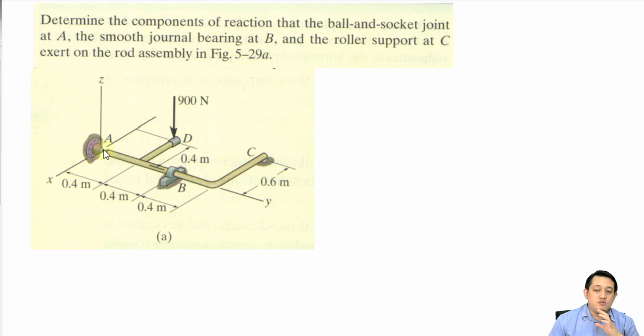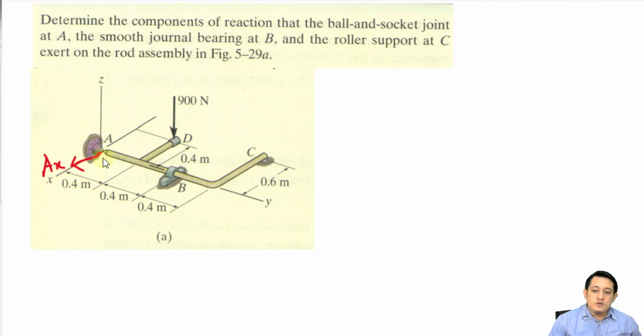Cannot, because it is fixed in this position only. Therefore, we will have this one reaction which is AX. Make sure you label your reaction based on the point, so if it is A, make sure your reaction is labeled as A, direction X. So AX.